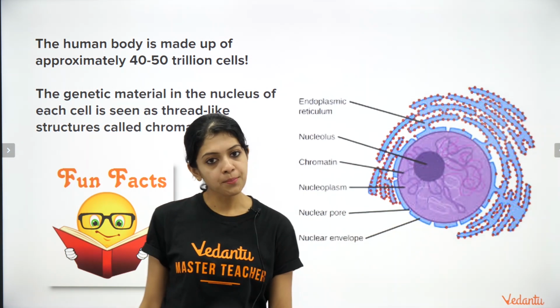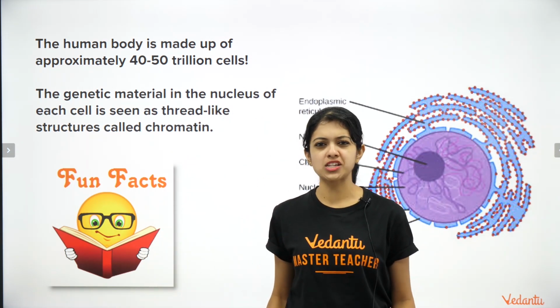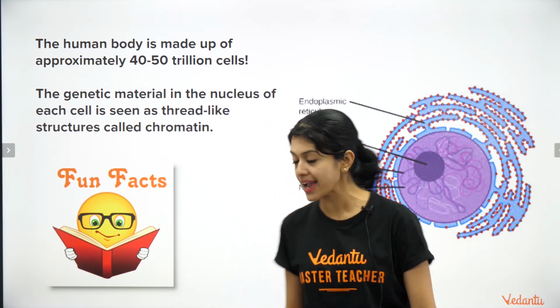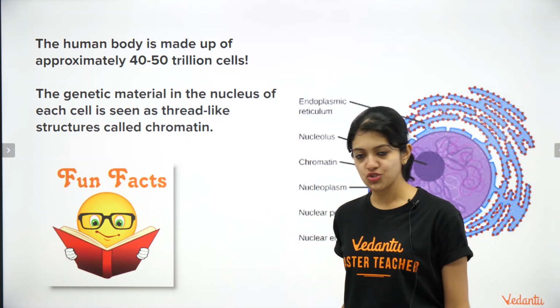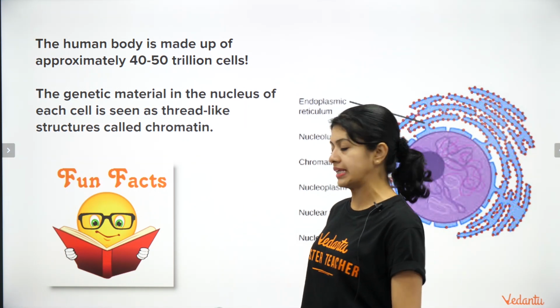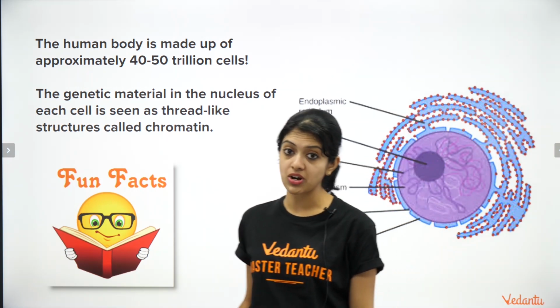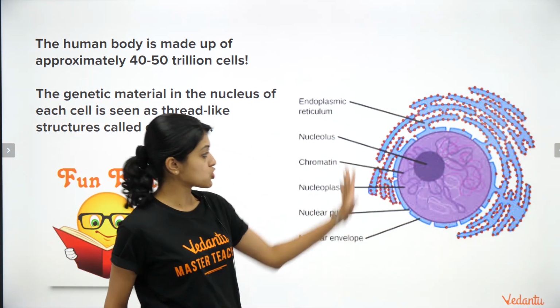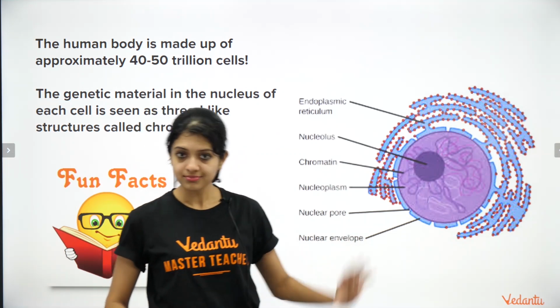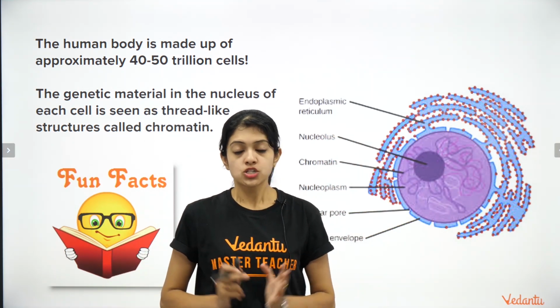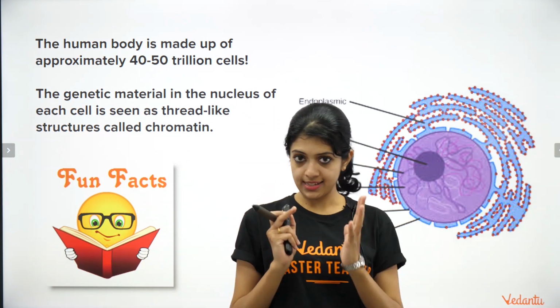Now, one more thing, which is a good to know fact rather than fun, honestly speaking. This is something that you know already. The genetic material in the nucleus of each cell is seen as thread-like structures called chromatin. So the picture that I have here is the nucleus of an individual cell. I want you to visualize it like this.